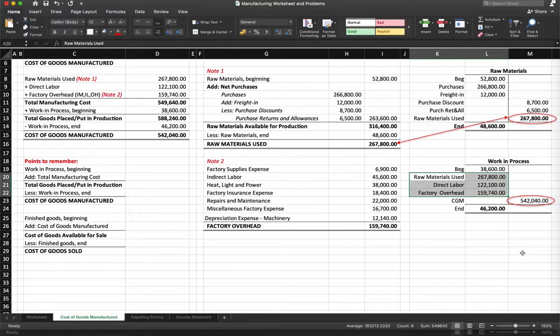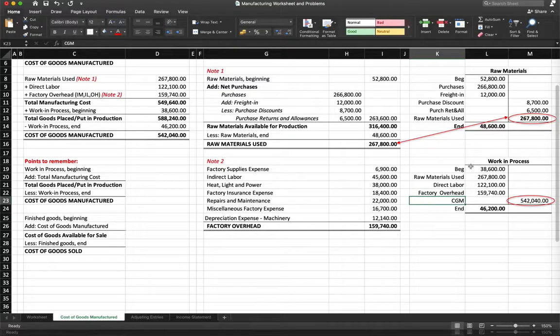Debit, work in process, credit, cash or accounts payable for direct labor. Or kung gumagamit ng direct labor na account, debit, direct labor, credit, cash or accounts payable. And factory overhead, pag in-apply na yung factory overhead into production, debit work in process, credit factory overhead. So, these three are really additions to the work in process. Kaya kung gusto niya i-account, pwede naman yan. Beginning balance, plus raw materials used, plus direct labor, plus factory overhead. Remember, pag factory overhead, indirect materials, indirect labor, and other overhead expenses.